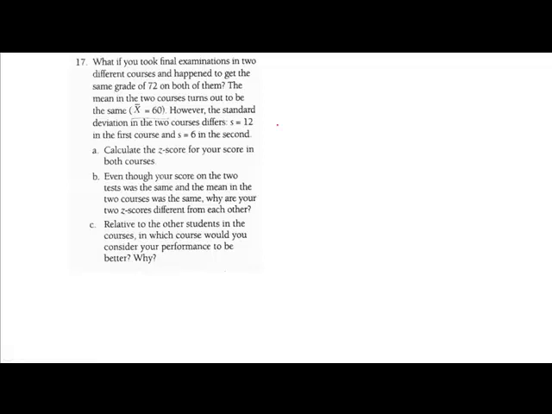Alright, not a problem. 72 minus 60 divided by, in the first course, 12, and 72 minus 60 in the second course divided by 6. 12 divided by 12 is 1. 12 divided by 6 is 2. Done. So the z-score for the first course is 1, the second course is 2.